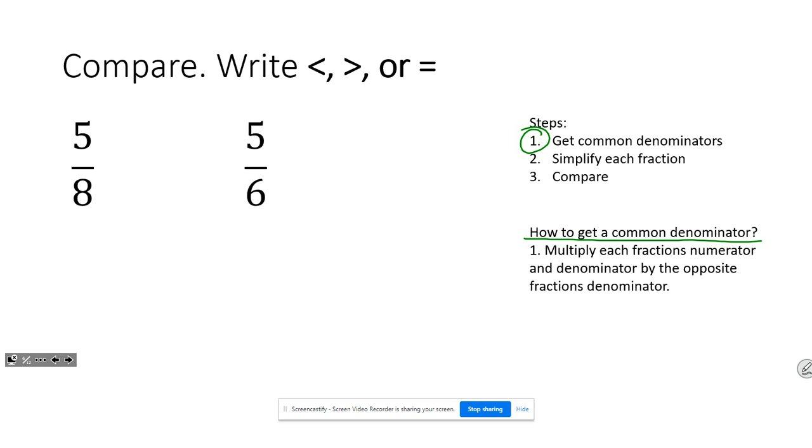So I'm going to multiply 5/8 by the opposite fraction's denominator, which is 6. So I'm going to multiply the 5 by 6 and the 8 by 6. And then for the other fraction, I'm going to do the same thing. I'm going to multiply it by the opposite fraction's denominator, which is 8.